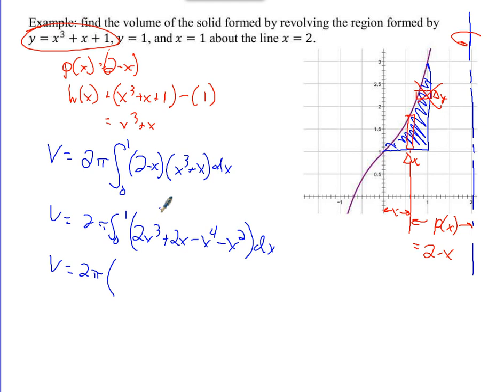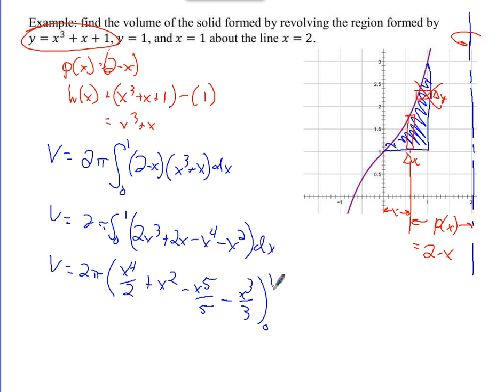This becomes x to the fourth divided by 4, but that's 2 over 4, which reduces to x to the fourth over 2, plus... so it just reduces to x squared, minus x to the fifth over 5, minus x to the third over 3. All of that is going from 0 to 1.